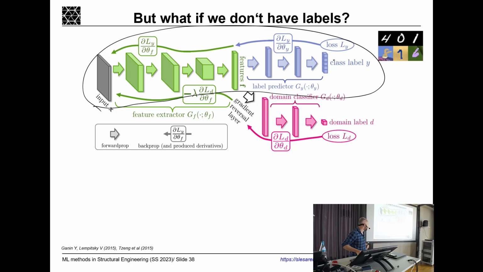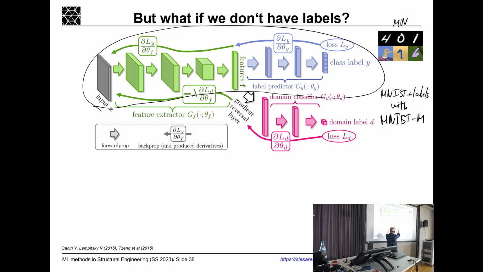If you close this part here and apply it on your MNIST, you're feeding MNIST plus labels during the training, together with MNIST-M, but MNIST-M doesn't have a label. So what's happening here?